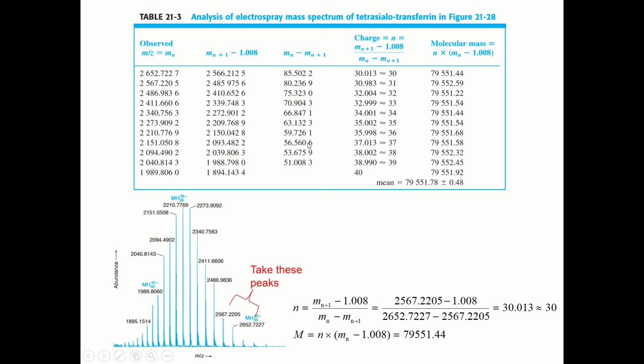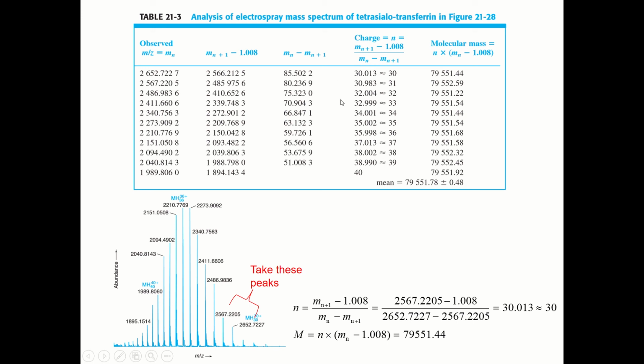This table shows those calculations. Observe the masses here, and when you take the difference, you get this one for each. Then the difference between the two peaks gives you these values, and then with the charge number, using this formula, you calculate the number of protons for each peak.